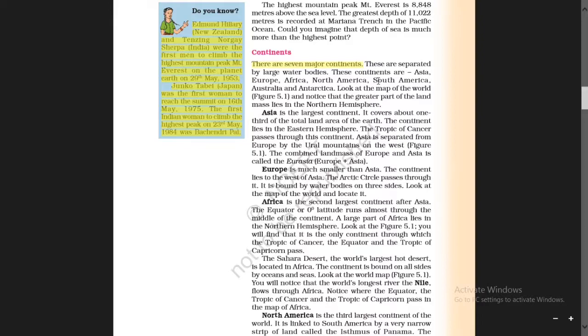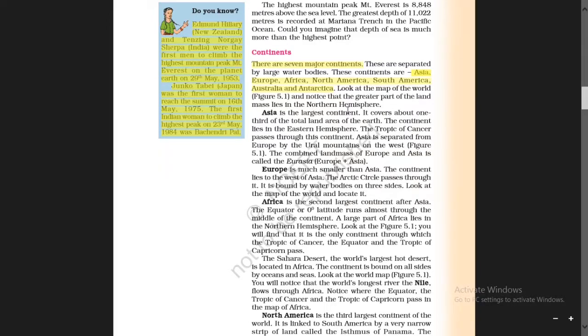If anybody asks, you have to answer: the big land masses of the earth are known as continents. And what are the names of the continents? Asia, Europe, Africa, North America, South America, Australia, and Antarctica. And boys, we are living in the Asia continent. You must know this. Now let us see Asia, the name of our continent.